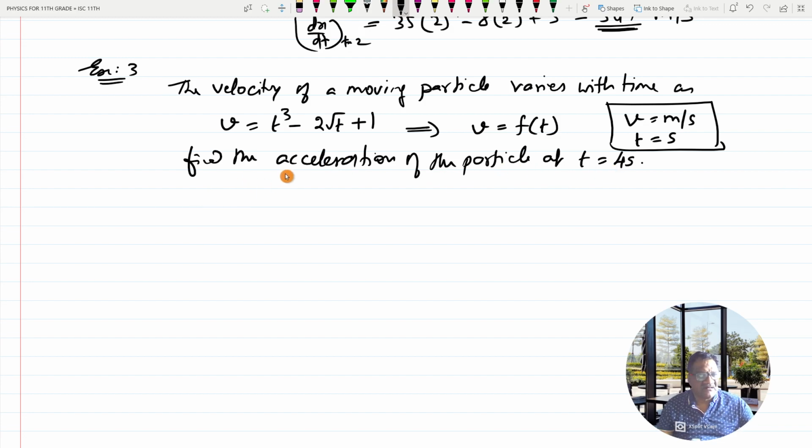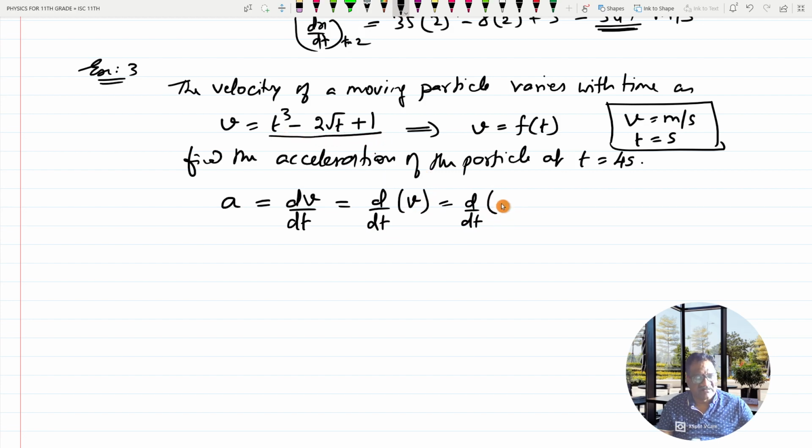Now, in the previous session, I told you acceleration is the derivative of velocity with respect to time, that is dv by dt. Acceleration is dv by dt. So, d by dt of v, I can write it in this way. That is equal to d by dt, that is derivative of, now v is this function, so I'll write t cube minus 2 root t plus 1.